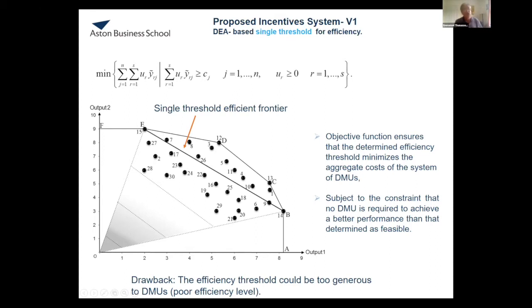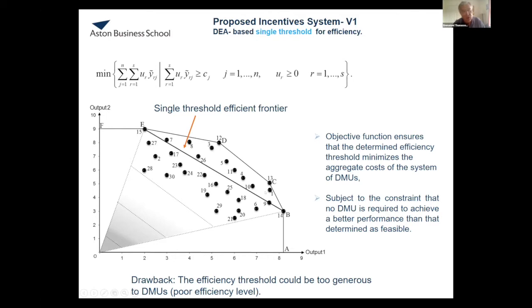Graphically, what that would do is, in this particular graph, it would draw an efficient frontier that would be just this line EB. It would sort of envelop the efficient frontier from below. And you could go this way. All these companies now would be incentivized.